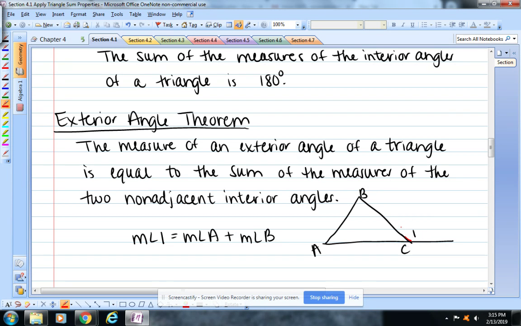Angle 1 is an exterior angle of this triangle, but angle 1 is not adjacent to angle A and angle B. So if I know the interior angle measures of angle B and angle A, then I can add those together, and that will tell us the sum of angle 1.